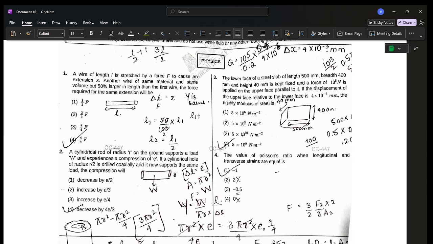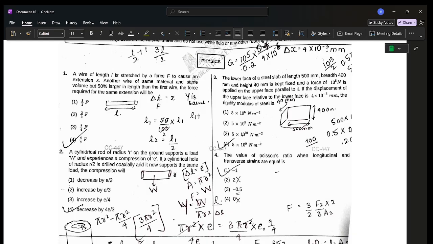A wire of length L is stretched by a force F to cause an extension X, and another wire of the same material and same volume but 50% larger in length than the first wire, the force required for the same extension will be. Now, let me tell you how important it is to read a question.